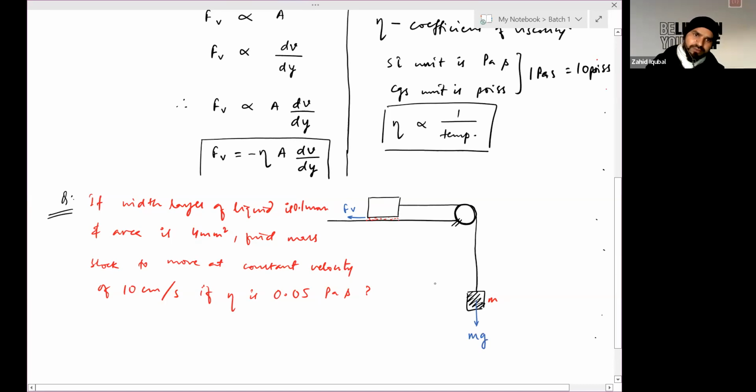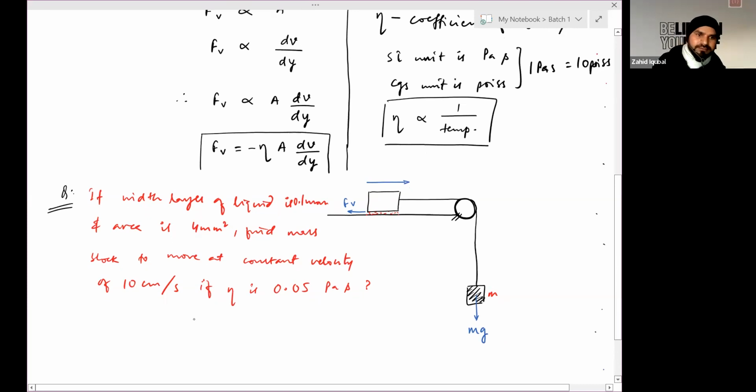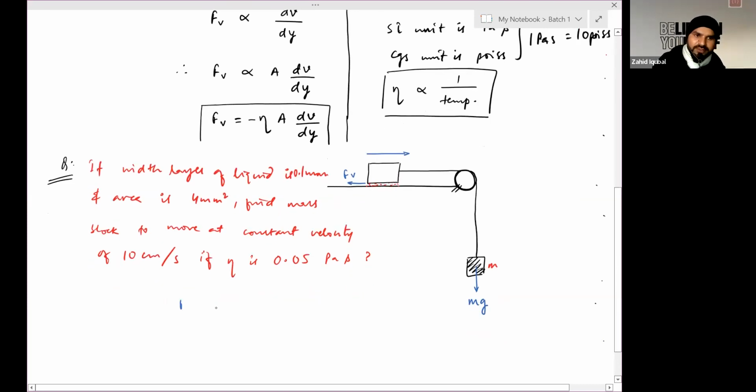If these two forces are equal, this block will move with constant speed, 10 centimeter per second, toward the right side. So in the above formula, F equals eta A times change in velocity divided by width. In place of F, put m times g and find the value of mass.